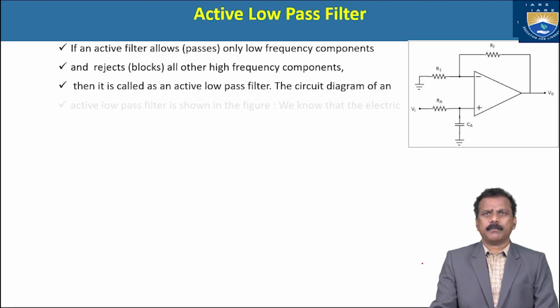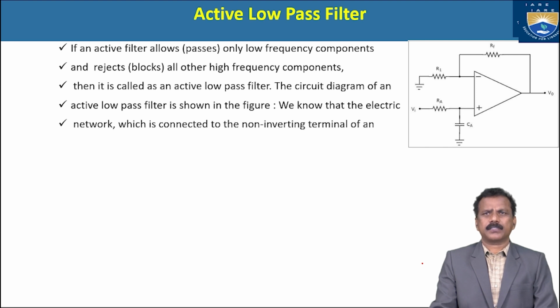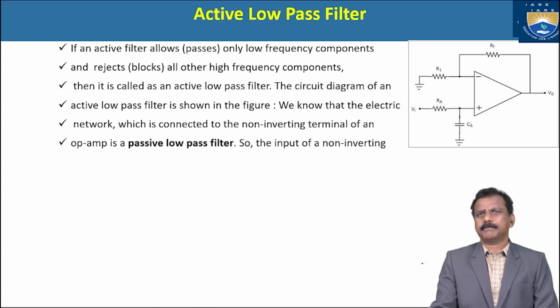The circuit diagram of an active low pass filter is shown in the figure. We know that the electric network connected to the non-inverting terminal of the op amp is a passive low pass filter.